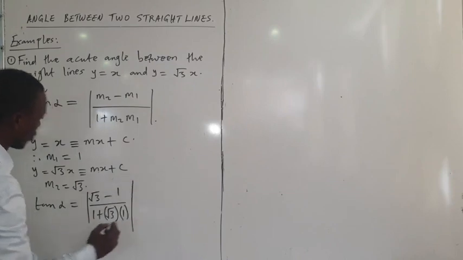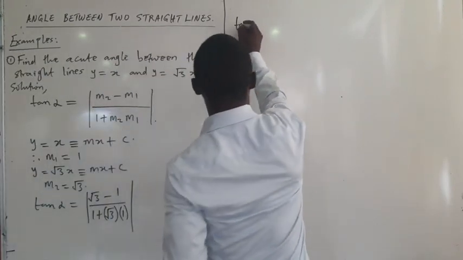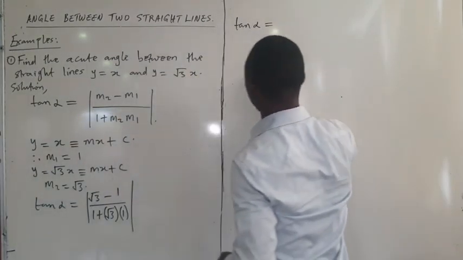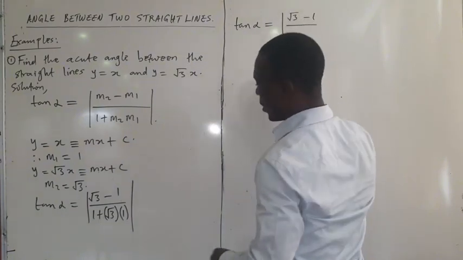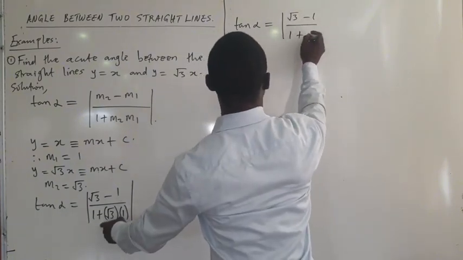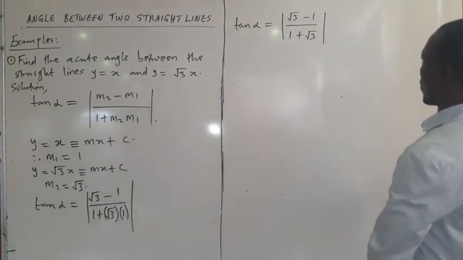So tan alpha equals the absolute value of root 3 minus 1 all over 1 plus root 3, because 1 multiplied by root 3 is root 3.